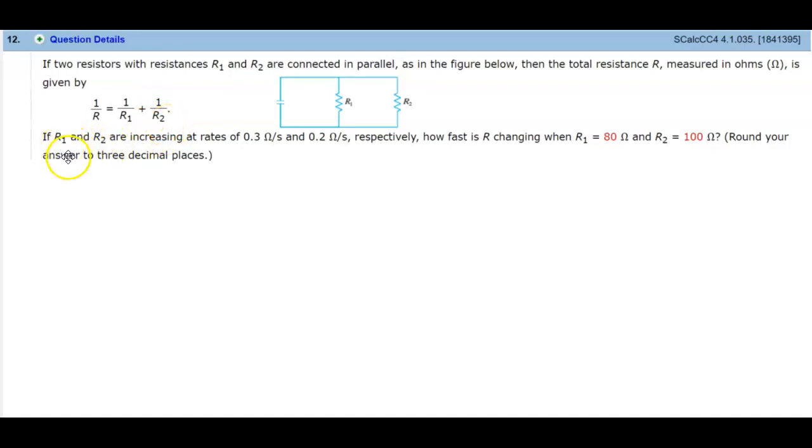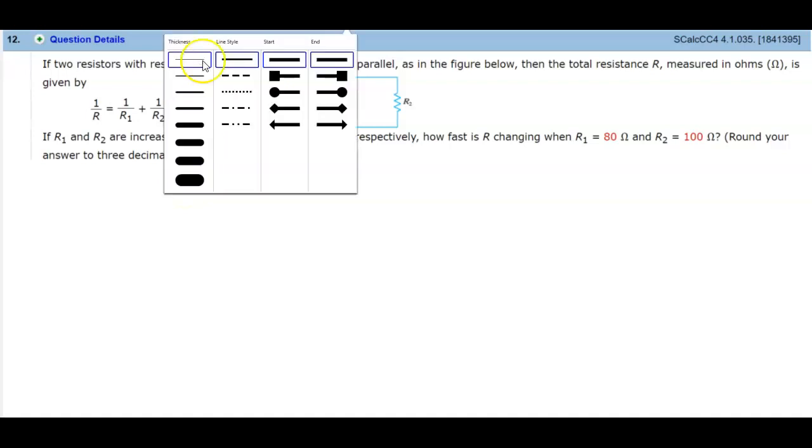Now, if R1 and R2 are increasing at rates of 0.3 ohms per second and 0.2 ohms per second respectively, how fast is R changing when R1 is equal to 80 ohms and R2 is equal to 100 ohms? Then round your answer to 3 decimal places.